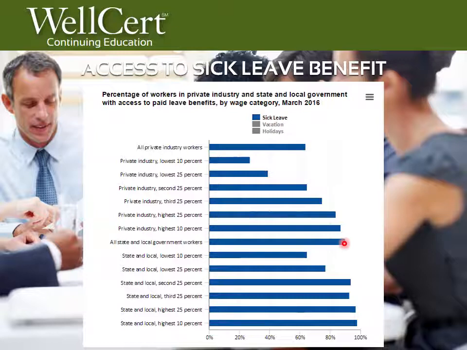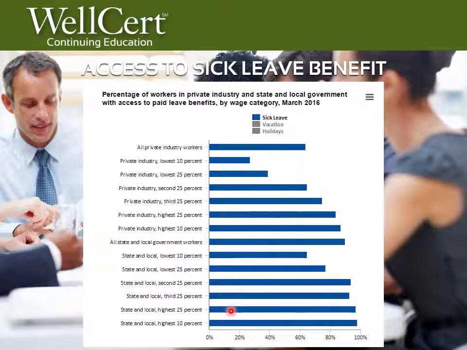And private is less generous for all quartiles. When we start looking at the lowest 25, the next lowest, the highest, and so on, those numbers tend to go up as we compare the private to the state and local.